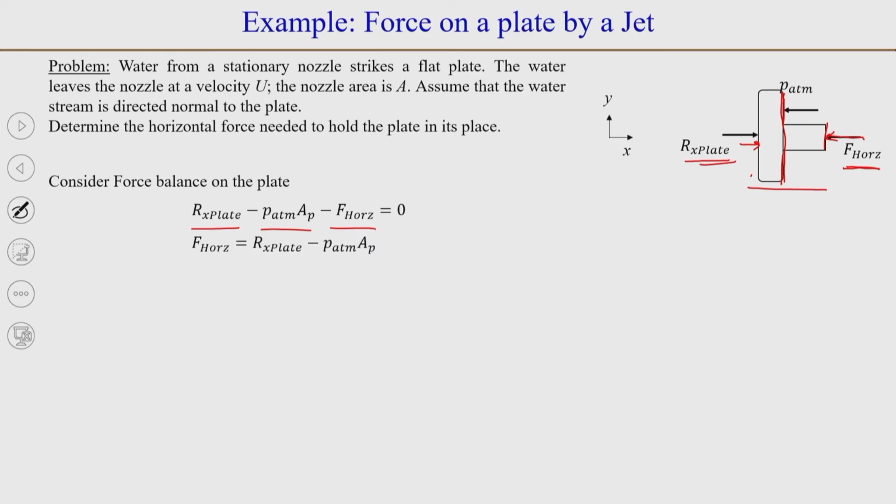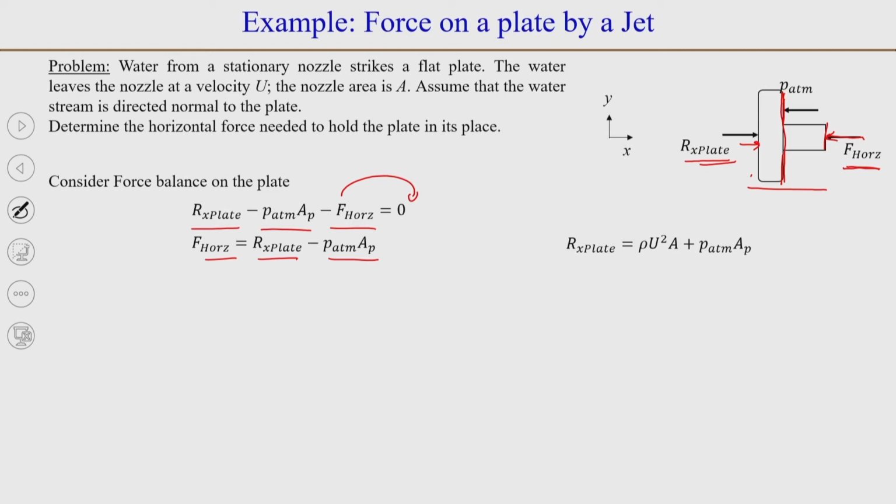So, from this we can write an expression, rearranging to find the horizontal force. F horizontal is equal to Rx plate minus P atmospheric into A P. Now, we can substitute the value of Rx plate which we found on the previous slide.